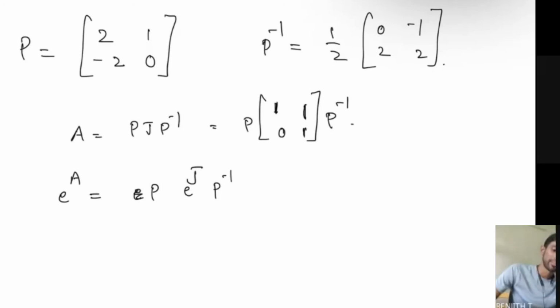Yeah. Okay. So P e power J P inverse. Okay. Now what is this one? P e power 1101 times P inverse. Then what will we do? What is the importance of Jordan canonical form here? Here, all the Jordan canonical form, this we can write as e power 1001, right?